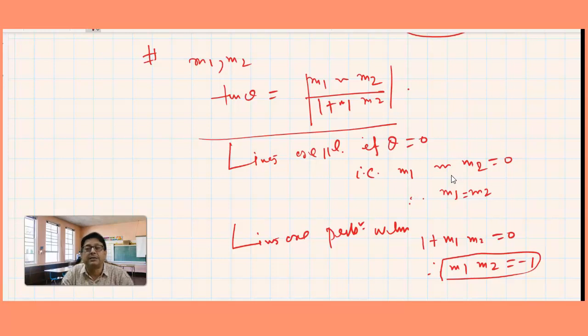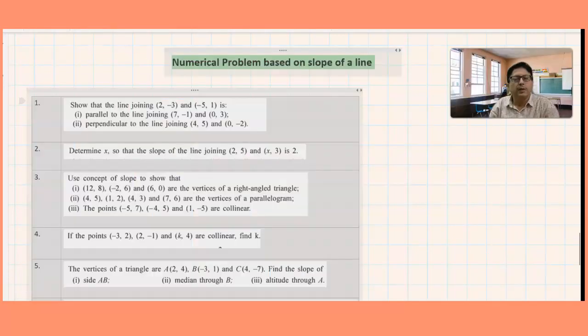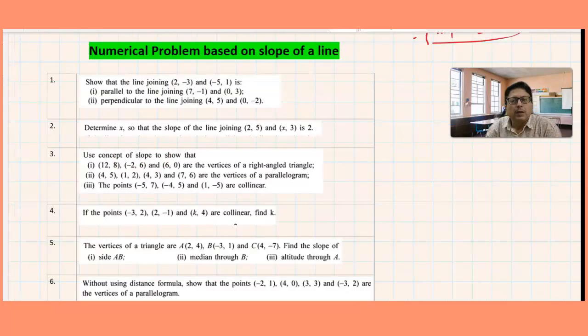Wait. Next, we are going to know different forms of a straight line. Now let us see how the concept of slope helps us to solve problems on straight lines.